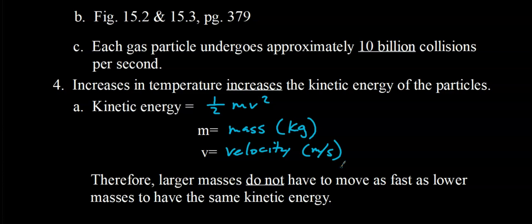They are inversely related, meaning as mass increases, velocity decreases, and vice versa. So it says, therefore, larger masses do not have to move as fast as lower masses in order to have the same amount of kinetic energy. There are implications with this. So just make sure you understand that mass and velocity are inversely related.